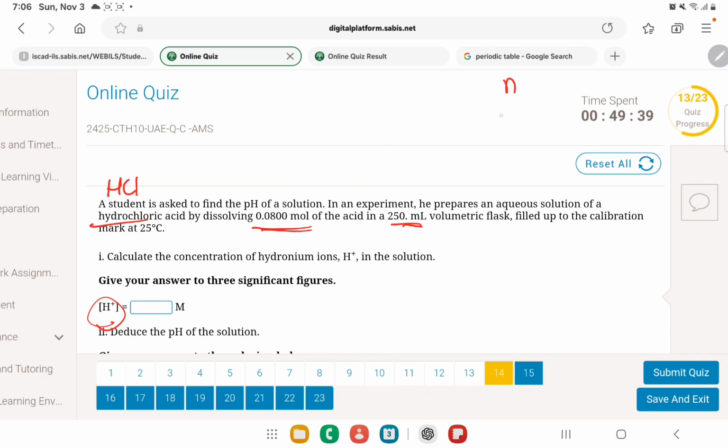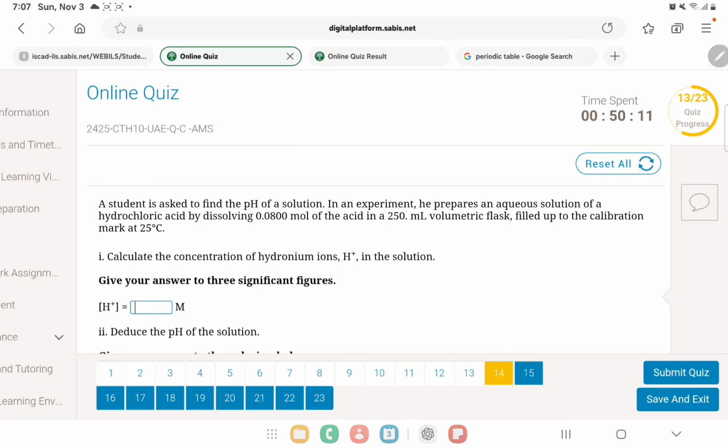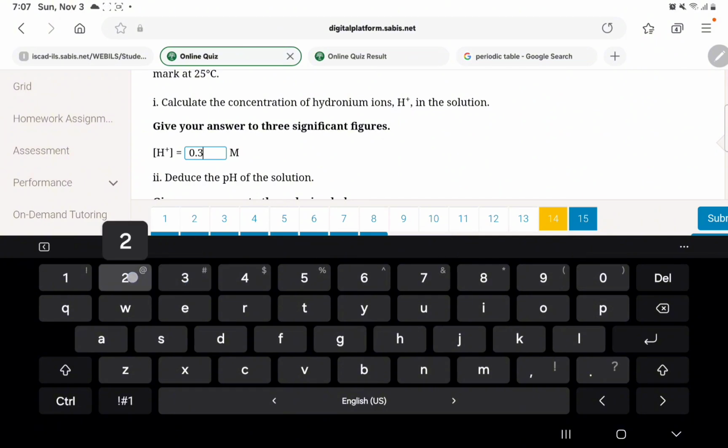So we're just going to use this triangle, and the volume has to be in decimeters cubed, so we're going to divide by 1000, so 0.25 decimeters cubed. So 0.08 over 0.25, get 0.32, and since they want three significant figures, we're just going to add a 0, so 0.320.